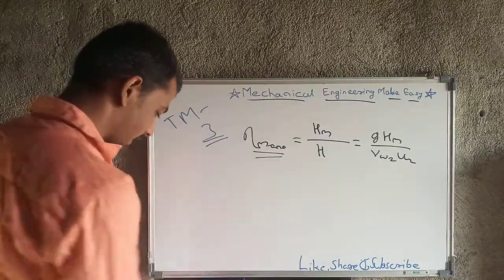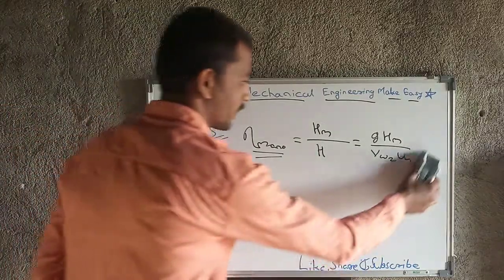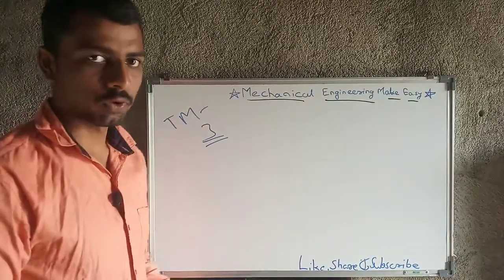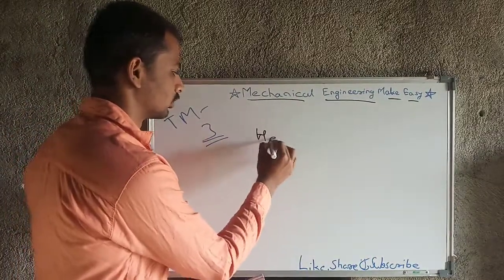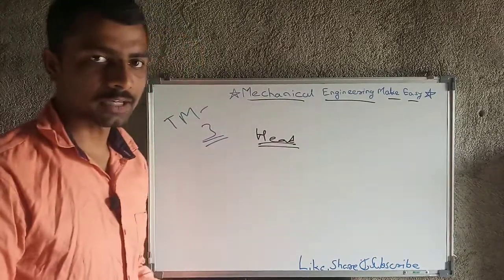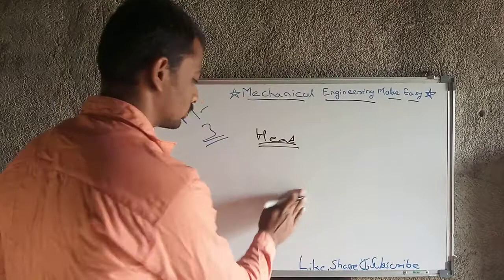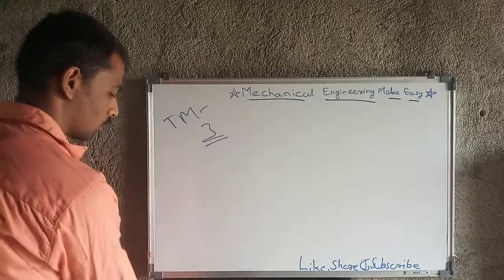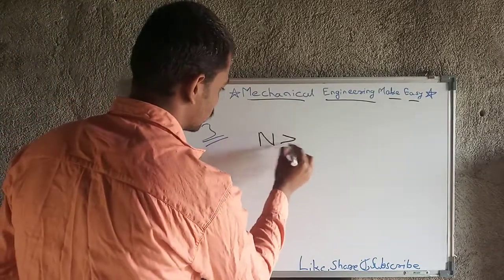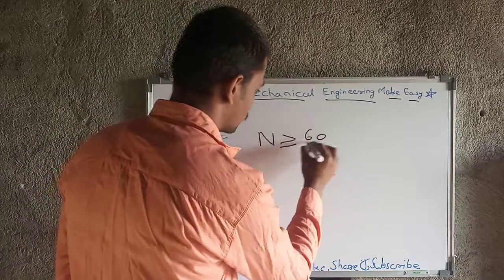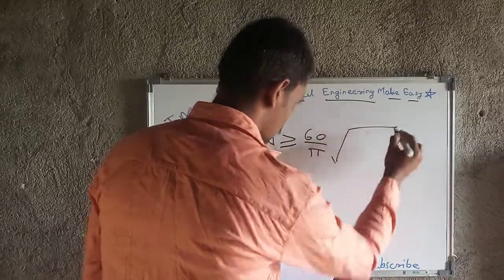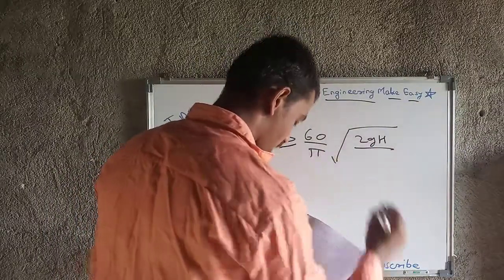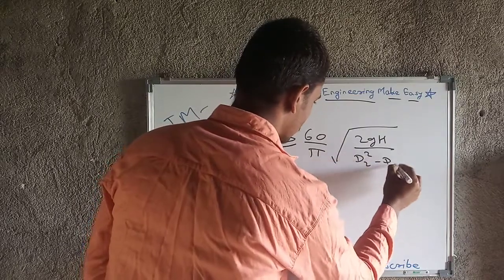Then the next term is the minimum speed required, the minimum starting speed of the pump, for generating that much amount of head. The pump should work at at least that minimum RPM, and that is decided by one formula: N should be greater than or equal to 60 upon pi under root of 2gH divided by (d2 square minus d1 square).